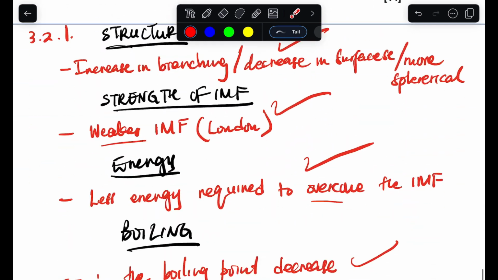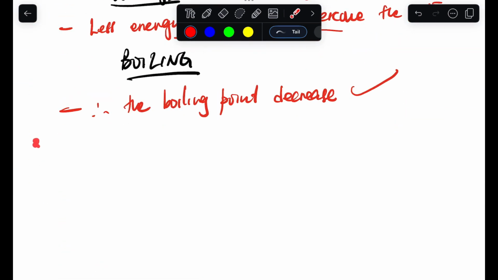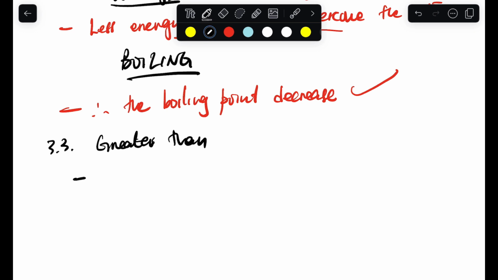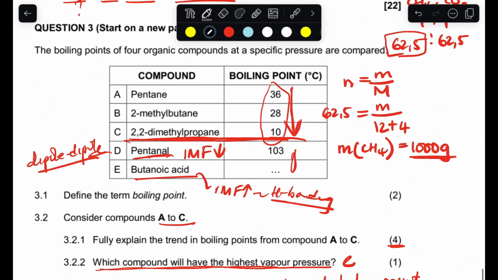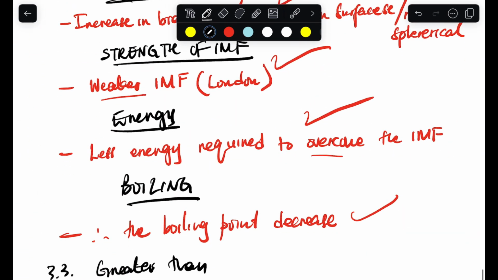So what's the question there? It's 3.3. The answer, let me write it again. It's greater than, that's the 1 mark, and then the point, you will say D, which is an aldehyde.